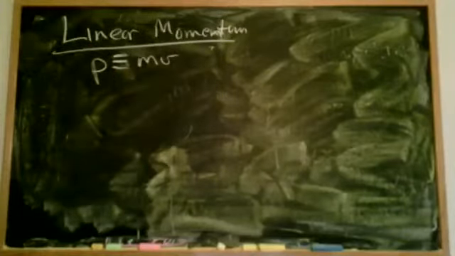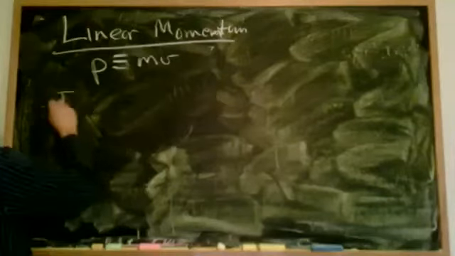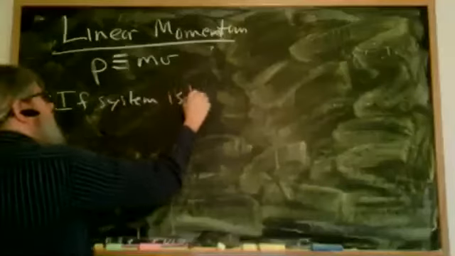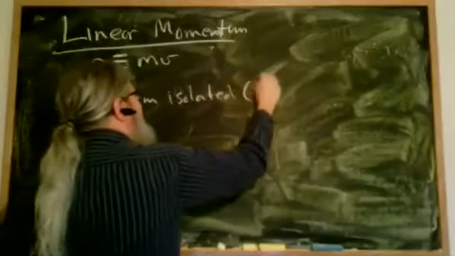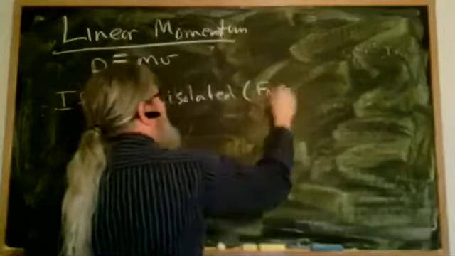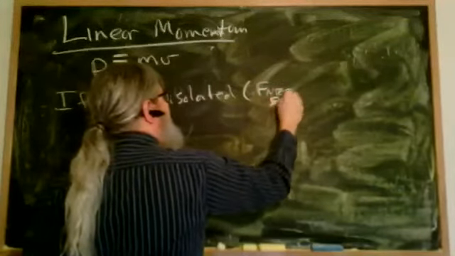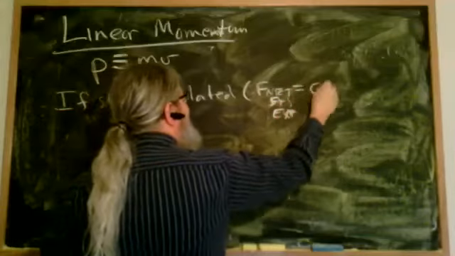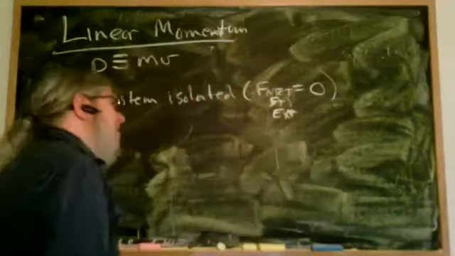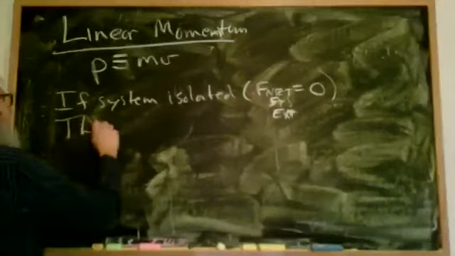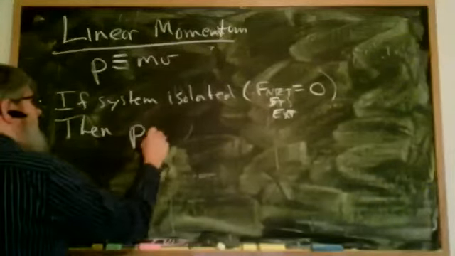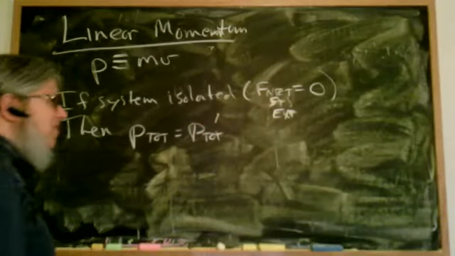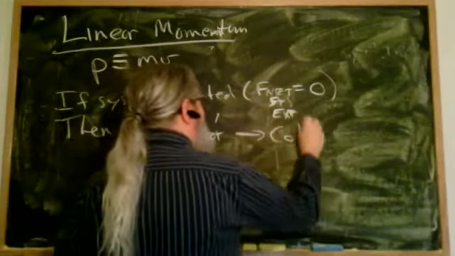And then I can say if the system is isolated, which is to say the net external force on the system is equal to 0 in that particular coordinate, then P total equals P total prime. And this is very useful, in particular, for collisions.